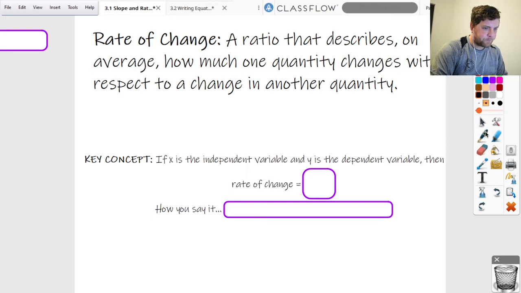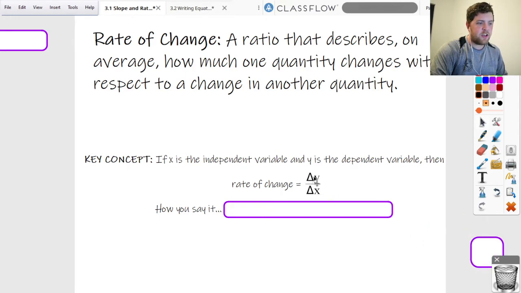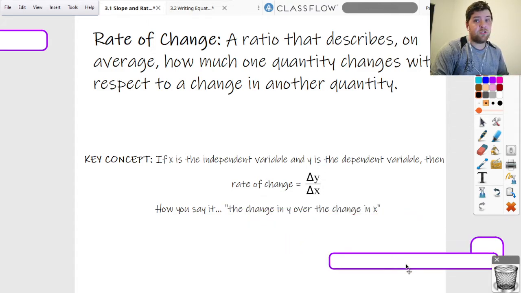To go back to last unit, if x is the independent variable and y is the dependent variable, then your rate of change is going to be your change in y over your change in x. And you see these little triangles. Technically, that's delta y over delta x, but we would just say it as the change in y over the change in x. And it's always, always, always y over x.